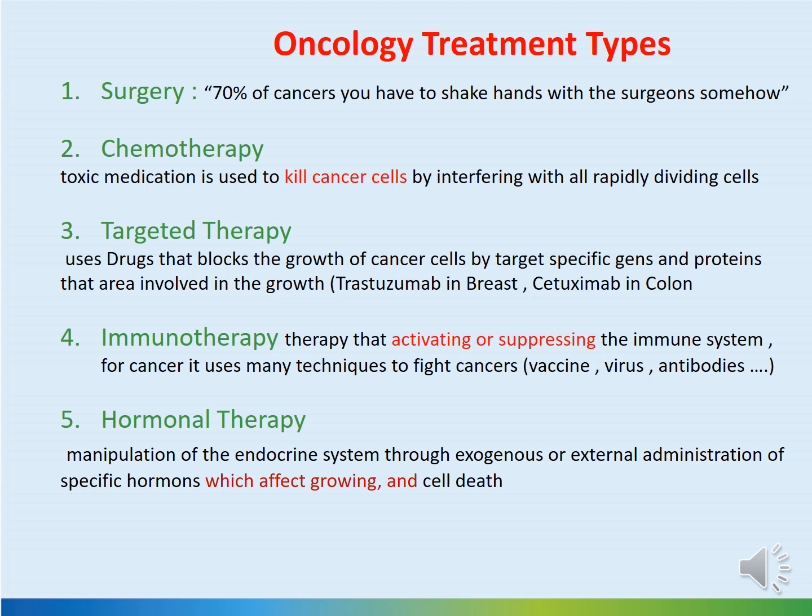Here, we use treatment or medicines as an external administration for a specific hormone which affects the growth of cancers and cancer cells, and when we give this type of therapy, it will cause cancer cell death.